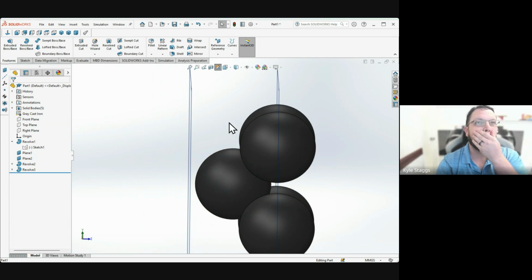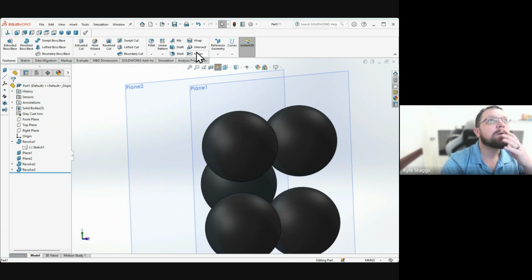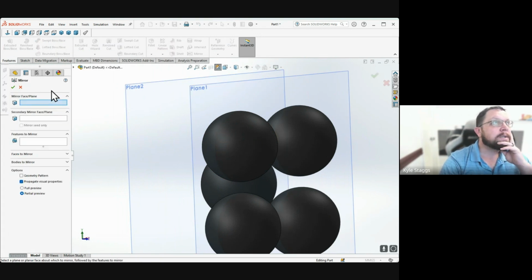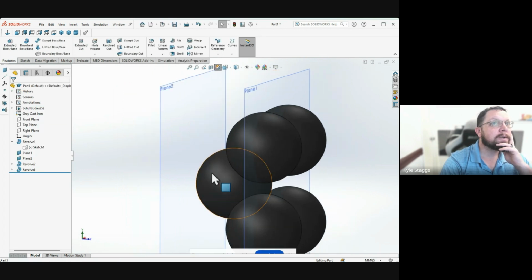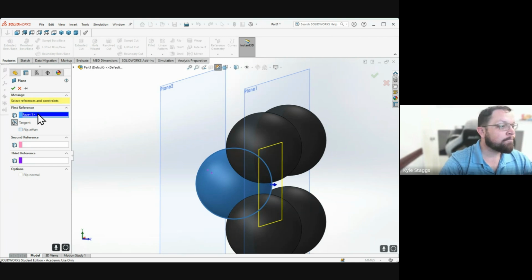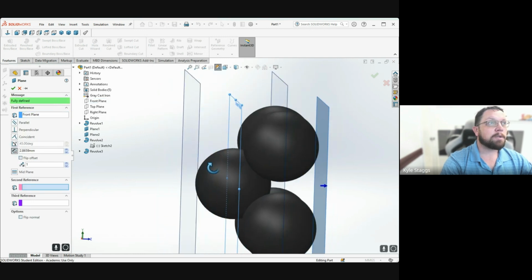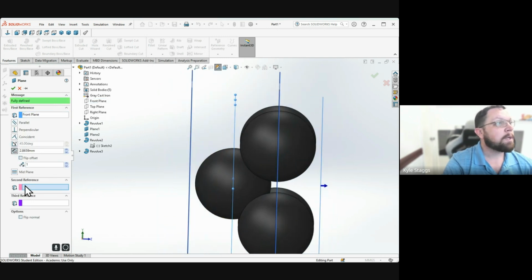Okay, so we have to mirror these first. We want to select this object, and rather than a first reference, we can select the front plane, which is also our mirror plane.